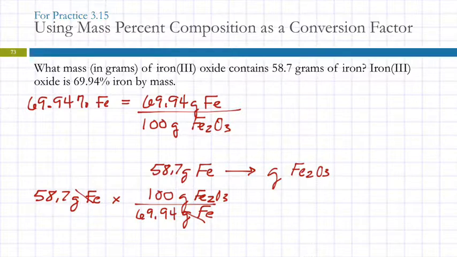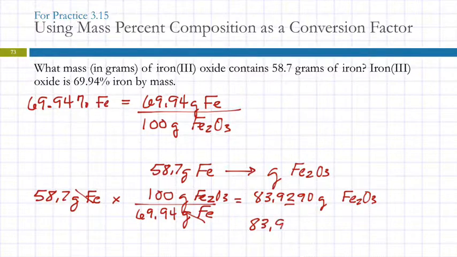So 58.7 times 100 divided by 69.94 equals, and this should have 4 significant figures, 83.9290 grams of Fe2O3, iron 3 oxide. And then rounding that, I'll say 83.93 grams.